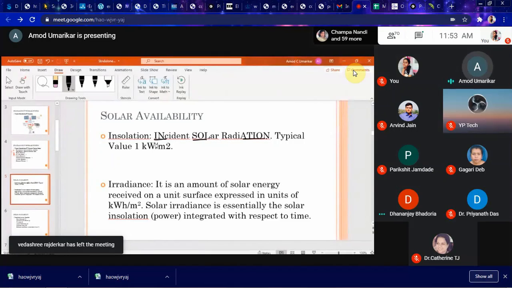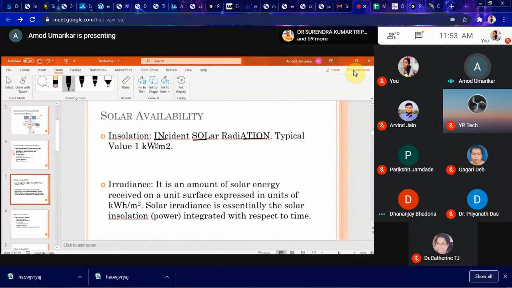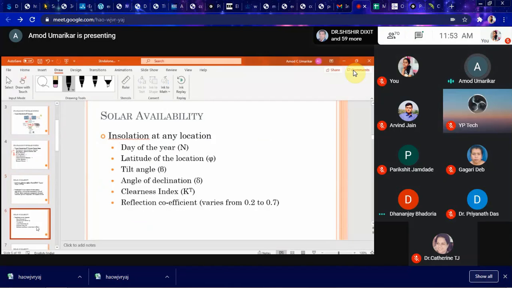And irradiance is an amount of solar energy received on a unit surface, expressed in kilowatt hour per meter square. Solar irradiance is essentially the solar insolation integrated with respect to time. These are the two definitions we use frequently in solar PV system design.